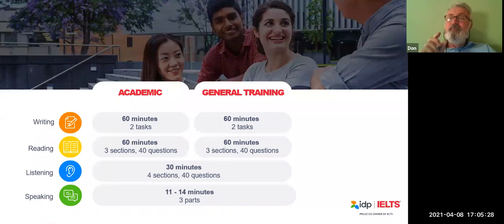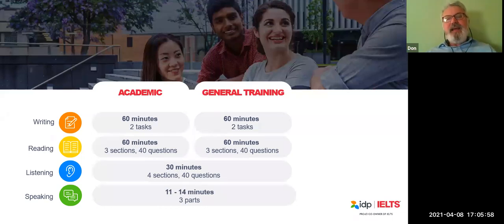And if you're doing the computer delivered test anywhere in the world, the listening will be the first part of the test. But here, this is the way that the paper-based test is constructed in Australia. It doesn't matter in what order those parts of the test come. Here, writing, reading, listening, and speaking, they are all the same. It doesn't matter in which order they come.